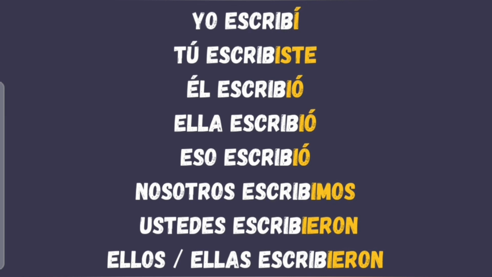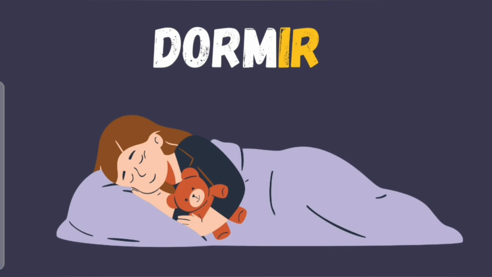Él escribió. Ella escribió. Eso escribió. Nosotros escribimos. Ustedes escribieron. Ellos or ellas escribieron, okay? Third persons are ending with ió, and personal pronouns ustedes, ellos, ieron, okay? So you have to remember that. And remember, like all the regular verbs ending with ir, so you will be aware which rules you have to apply, okay?